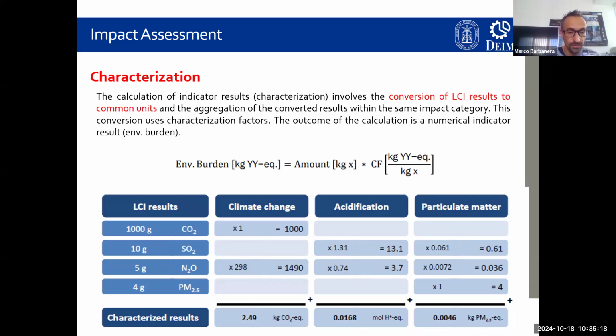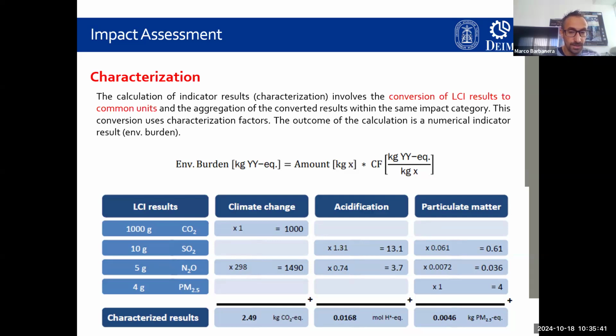So 1 kilogram of CO2 is not equivalent to 1 kilogram of N2O in terms of climate change, but 1 kilogram of N2O is characterized by higher contribution to this category.